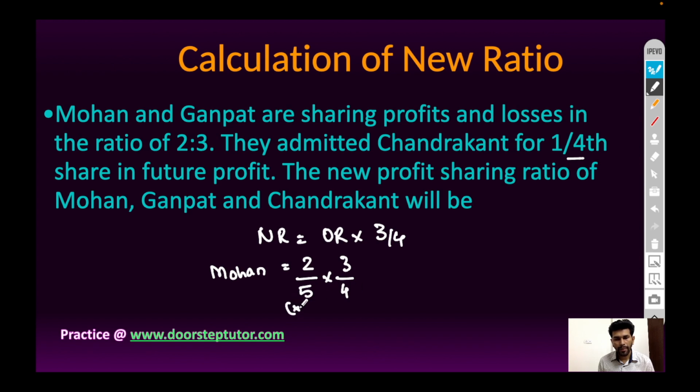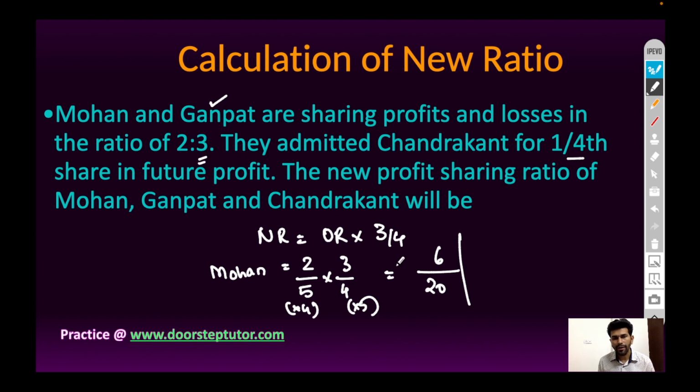We have to multiply 4 with the denominator of the old ratio, here 5. So we will get 2 into 3, 6, divided by 5 into 4, 20. So Mohan's share is 6/20. Similarly, we will calculate Ganpat's share of profit by multiplying the old ratio with 3/4.